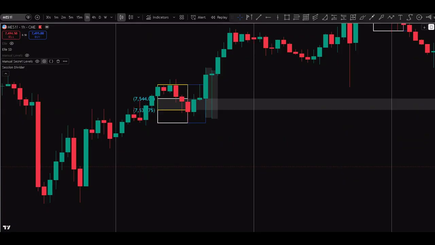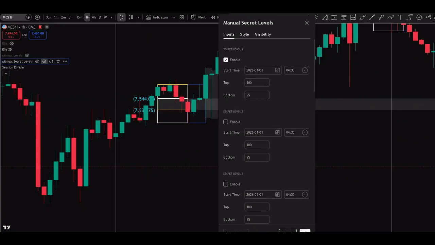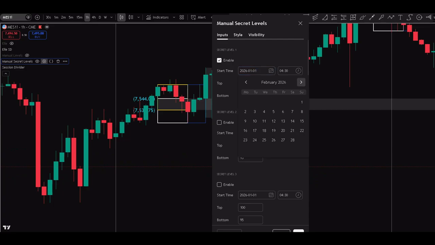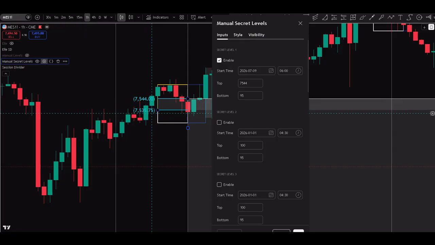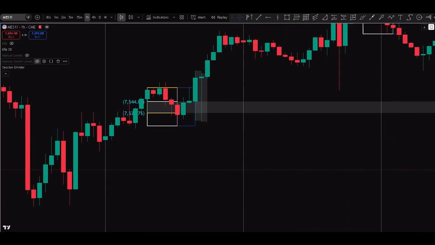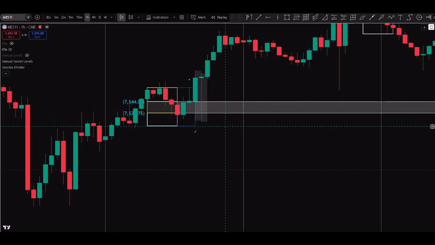So if I turn on my indicator, we'll go to July 9th at 6 a.m. and type in these prices, 7544 and 7535.75. Boom. Now if I toggle this indicator on and off, you can see that it exists right where our secret level was created.